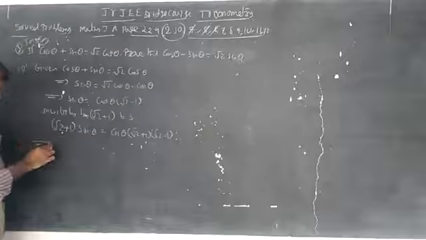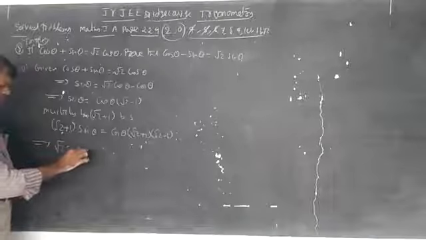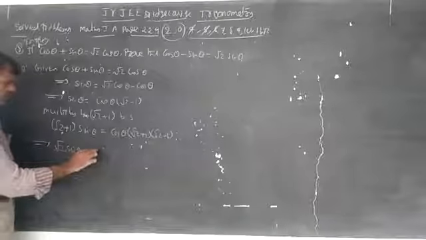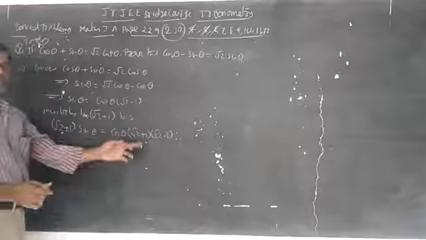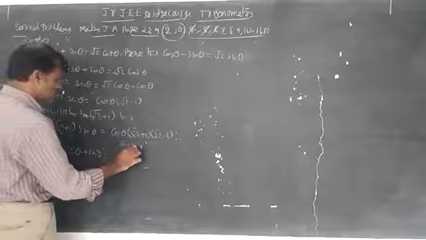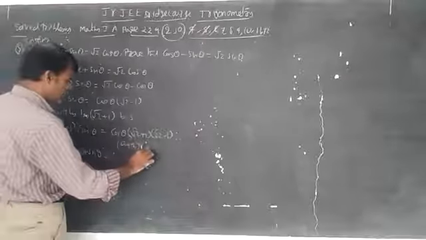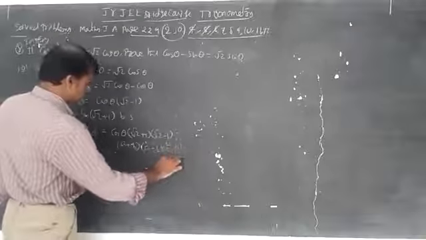That implies root 2 sin theta plus sin theta is equal to, students, you can understand here the a plus b into a minus b formula: a plus b into a minus b is equal to a square minus b square.